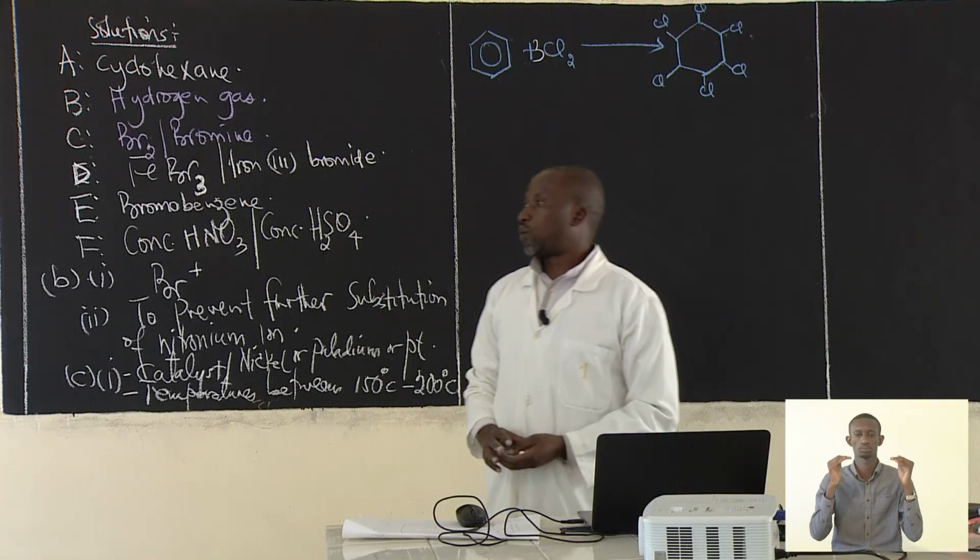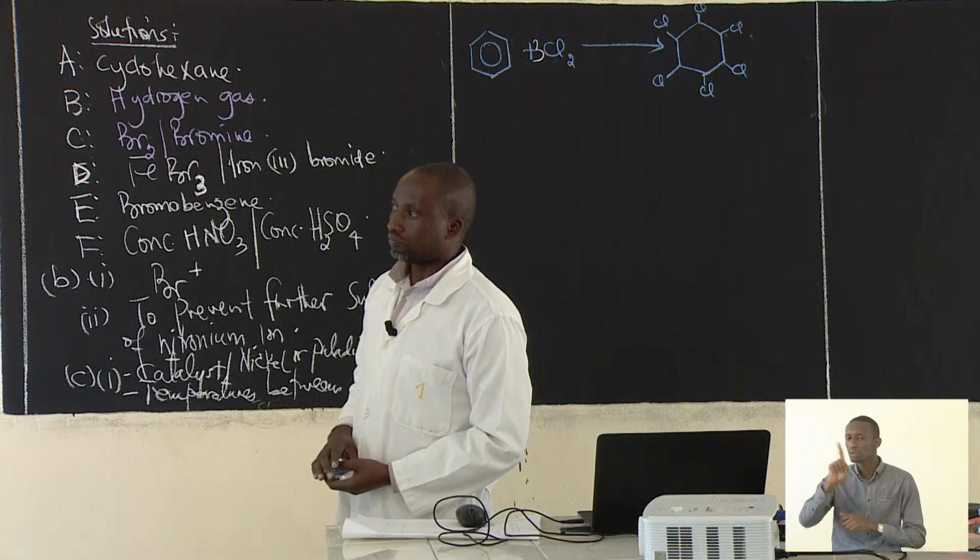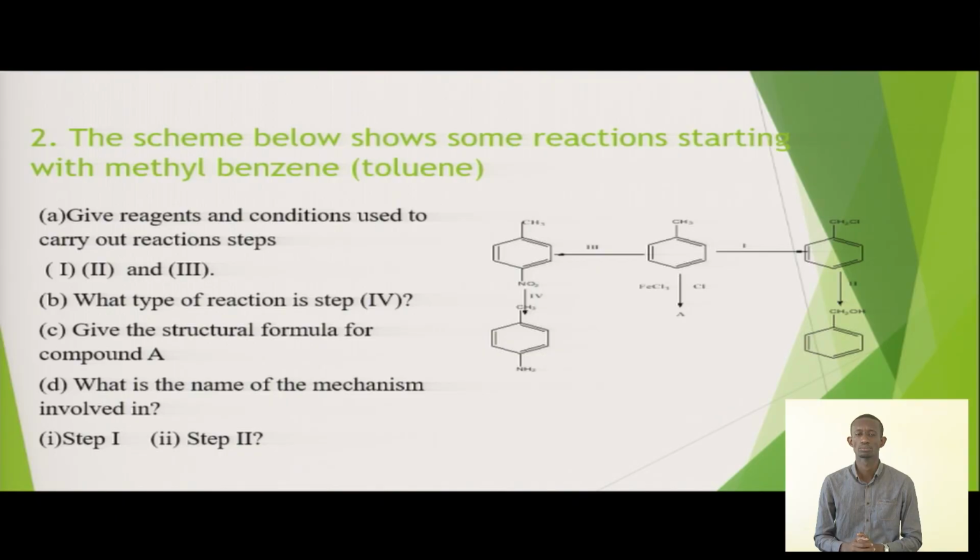So let's go to question number 2, which is: the scheme below shows some reactions starting with methyl benzene, because we have finished methyl benzene. Give reagents and conditions used to carry out reaction steps 1, 2, 3. So this is reaction step number 1. This is number 2, over here, and this is number 3 over there.